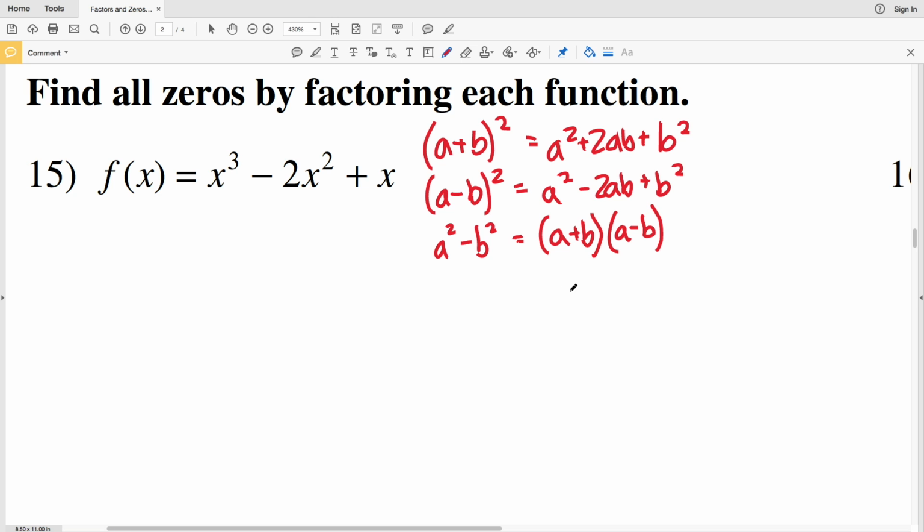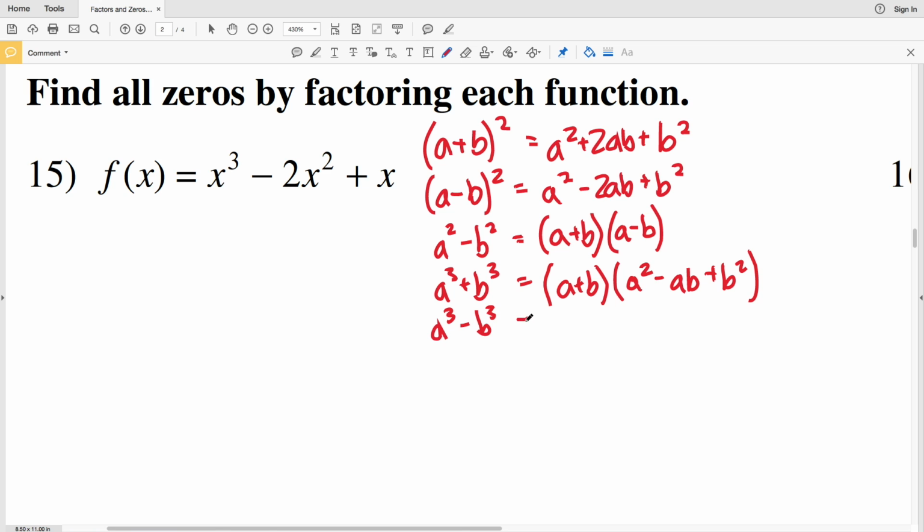And then the sum of cubes, so if we have a to the third plus b to the third, that formula is a plus b times a squared minus ab plus b squared. And for the difference of cubes, a cubed minus b cubed, we're just going to switch a few signs.